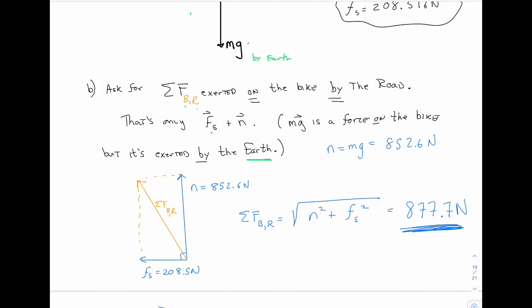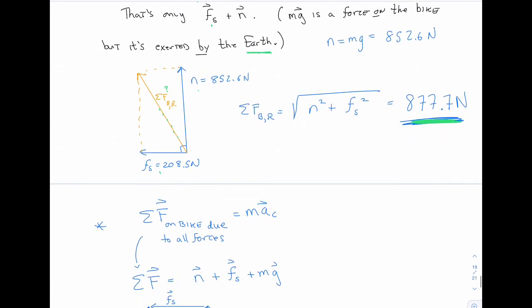It's the Pythagorean theorem: that thing squared plus that thing squared, square root. So this arrow here is 877. That's what they want you to find in part B, the net force exerted on the bike by the road.